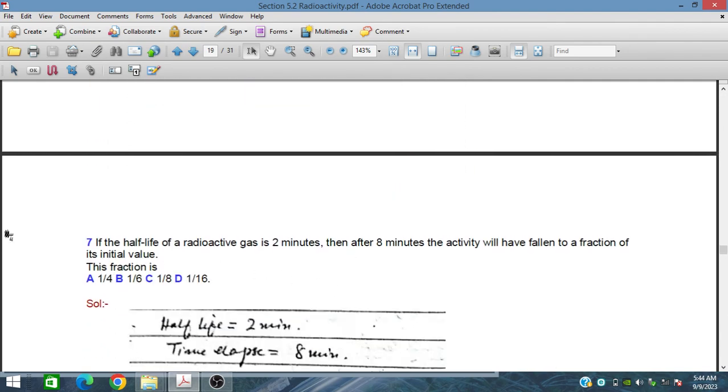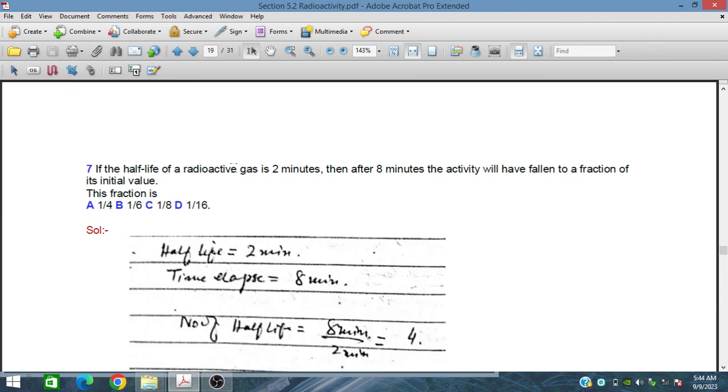The half-life of the radioactive gas is 2 minutes. After 8 minutes, the activity will have fallen to what fraction of its initial value? We have to find what fraction of this radioactive gas remains.